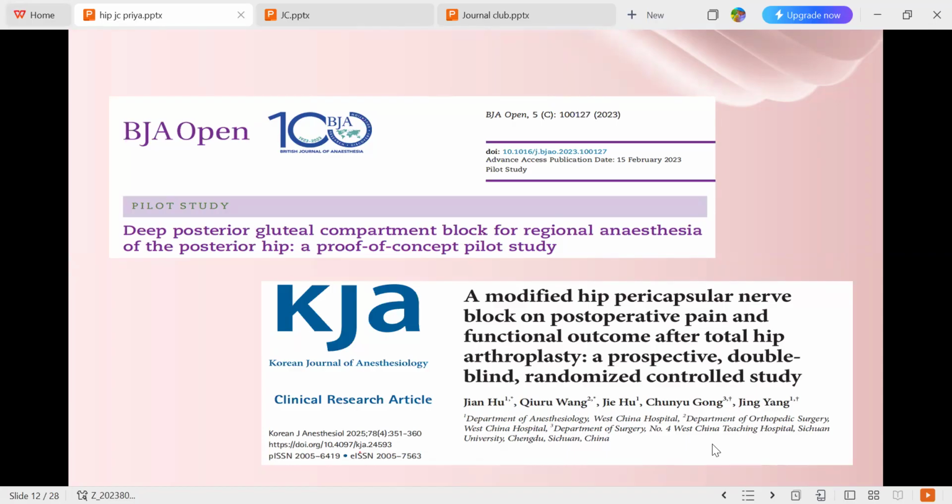But they didn't have a control group to compare the PENG block versus the posterior hip pericapsular block versus the combined block. So we cannot rely on whether only the anterior PENG block provided better pain relief or the combined block did.